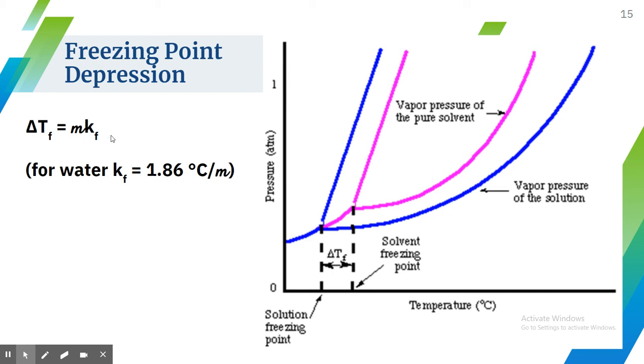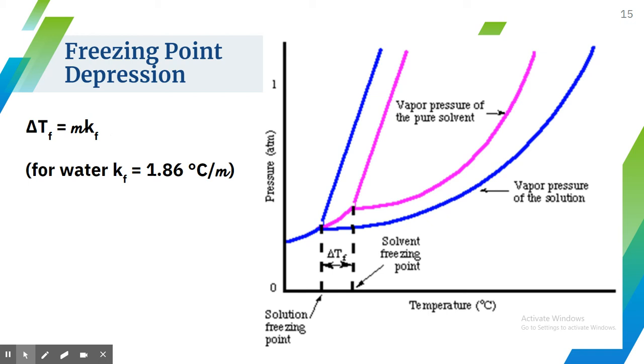And then the Kf is a constant. For water, every molal of solution that you use, you're going to depress the freezing point 1.86 degrees for every mole of solute that you dissolve.